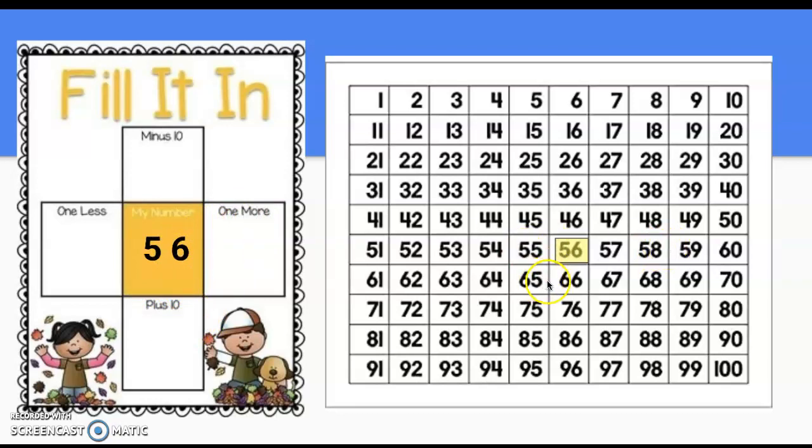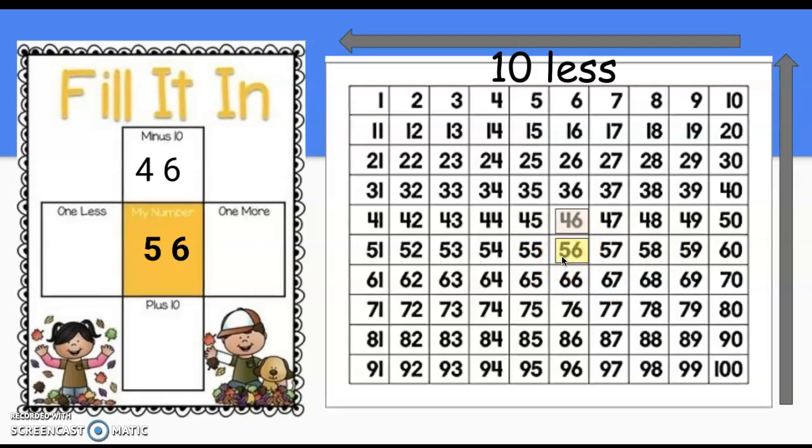I located my number 56 on my hundreds chart and I highlighted it. Let's first think about what is 10 less. When we say less on the hundreds chart, we know the number is going to be to the left or up, because the numbers get smaller if you go left and if you go up. One way I can do this is counting back from 56 10 times.